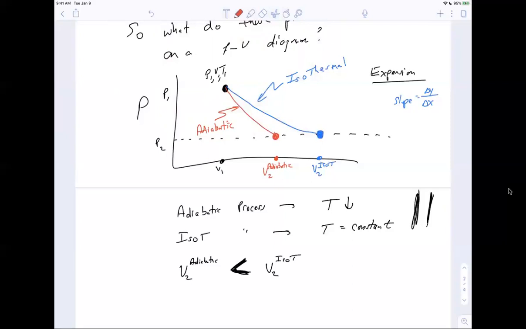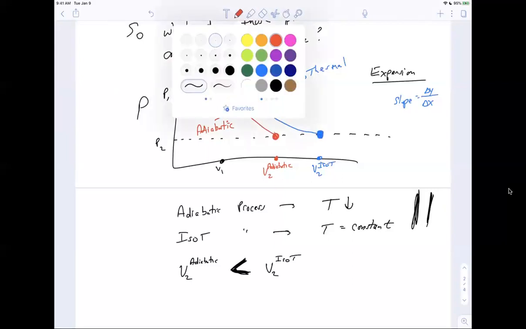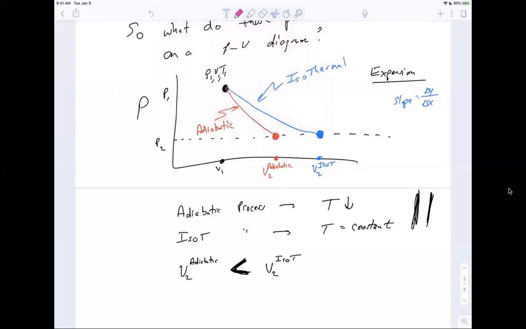One for the adiabatic case, one for the isothermal. Both are reversible, and this is for an ideal gas. Okay, and so let me just write that down here for you so you can remember. So this, again, is for an ideal gas. Okay, it's reversible. Everything is reversible. That reversible process is very useful.